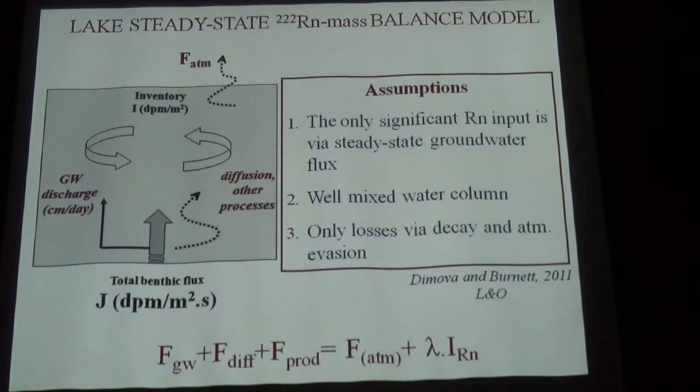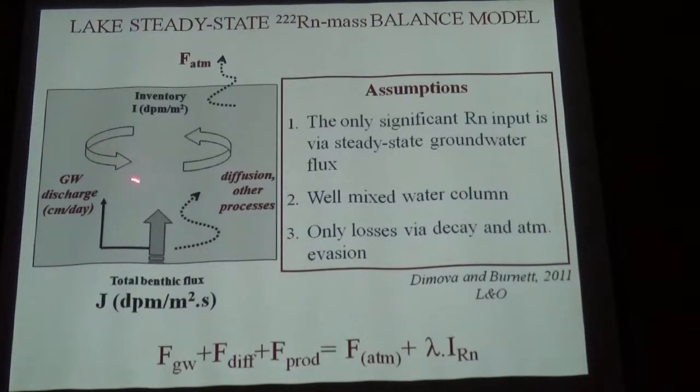And then the other thing that we need to account for is that radon is a gas, and it will evade from the water column to the atmosphere. And the solubility of a gas depends on temperature, so we also need to know the temperature of the water. So we construct this mass balance where we have sources: fluxes coming from groundwater and from diffusion.